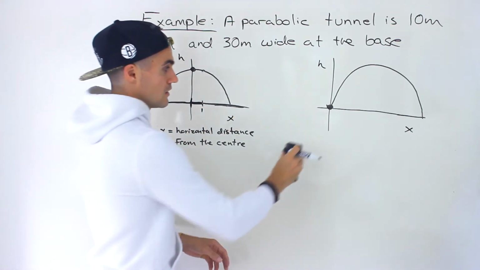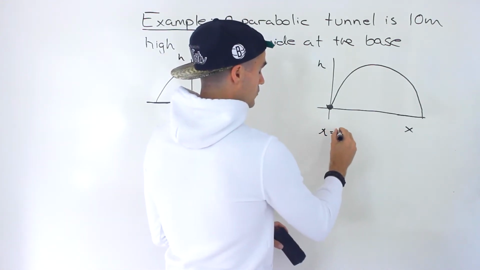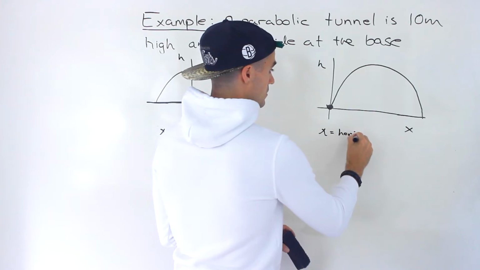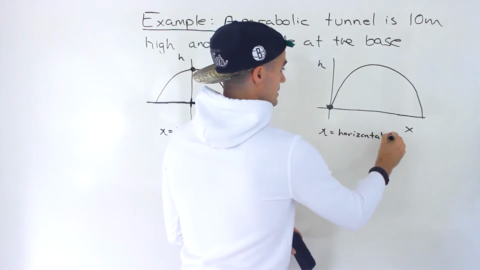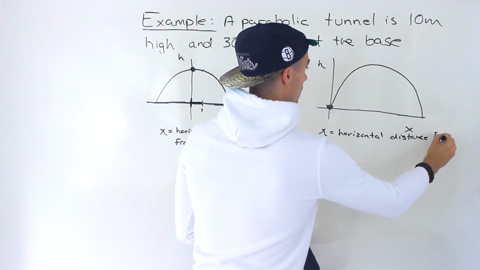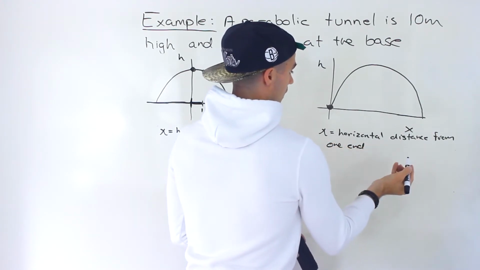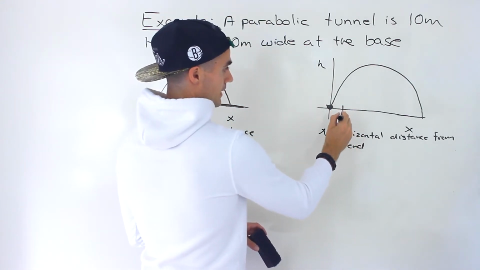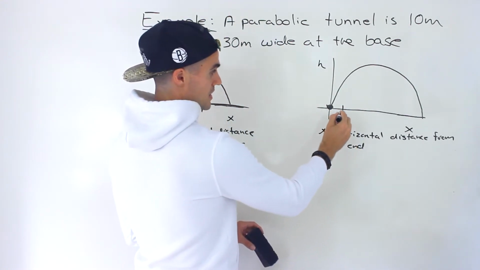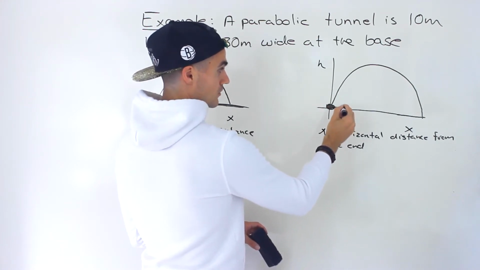Over here, what the x represents is something different. Here, x represents the horizontal distance from one end of the tunnel, right? So like an x value of 1 would represent a horizontal distance of 1 meter from the end of the tunnel.